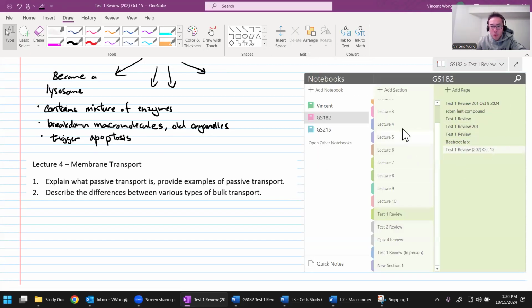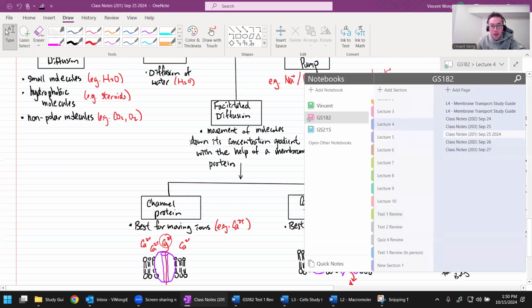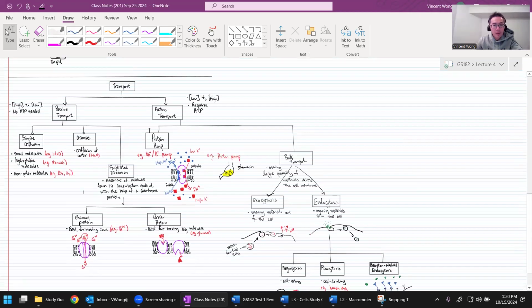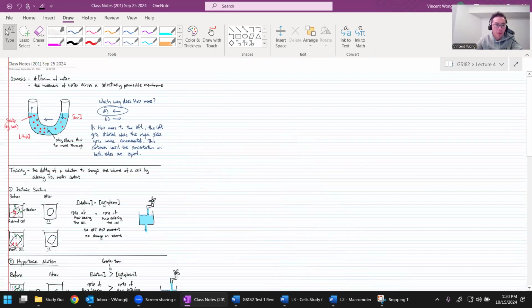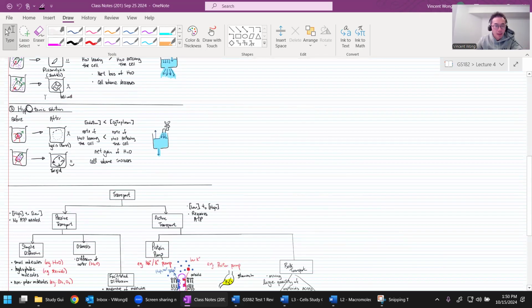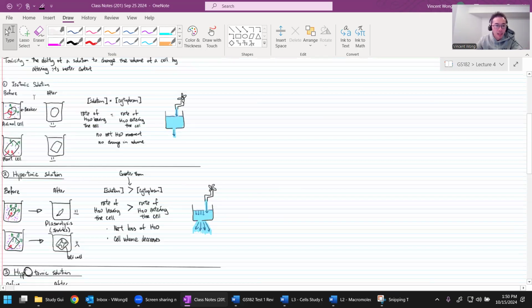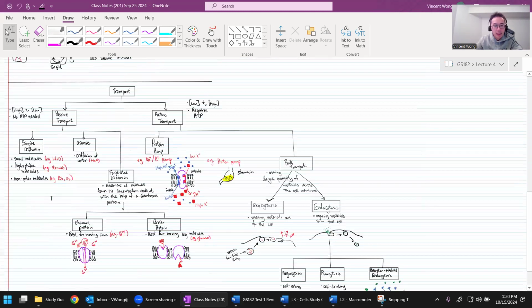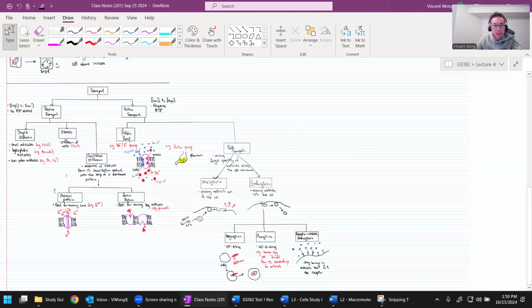Basically, for lecture 4, you have to study this flow chart. All the important key stuff is in the class notes for lecture 4. Please go through the isotonic, hypertonic, and hypotonic stuff yourself. And then there's this flow chart that will summarize all the different kinds of transport for you.